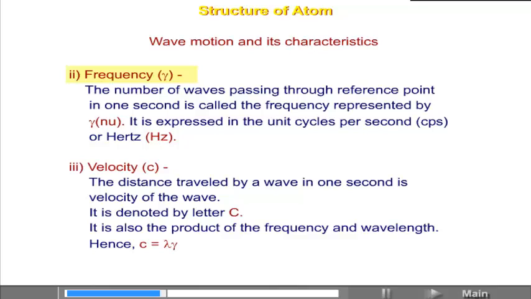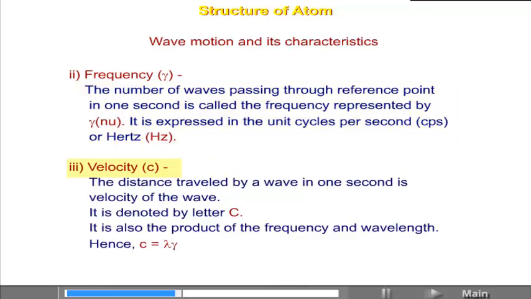Frequency nu. The number of waves passing through a reference point in 1 second is called the frequency, represented by nu. It is expressed in the units cycles per second (CPS) or Hertz (Hz).